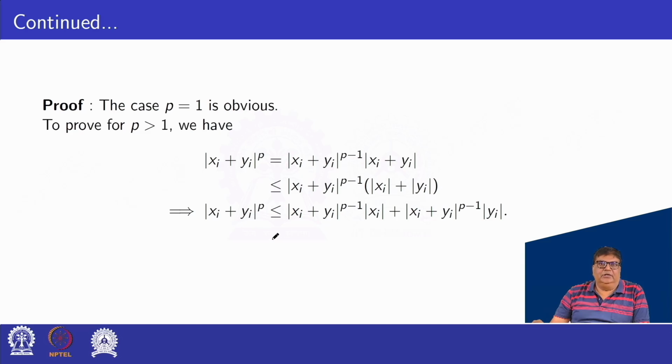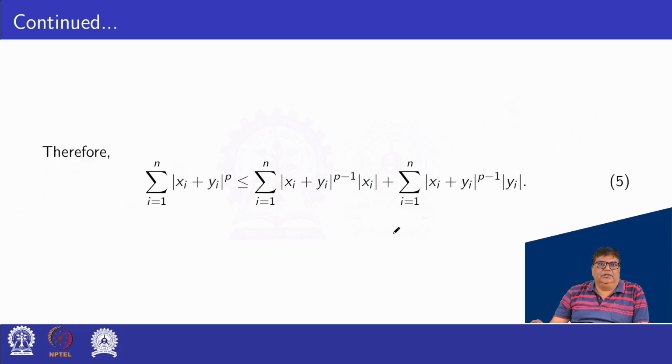Therefore, multiplying these two terms, we can write |xi + yi|^p ≤ |xi + yi|^(p-1) into |xi| + |xi + yi|^(p-1) into |yi|.